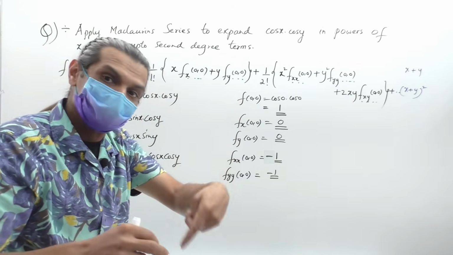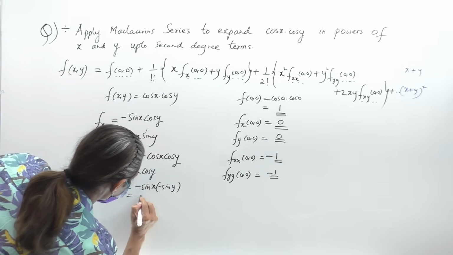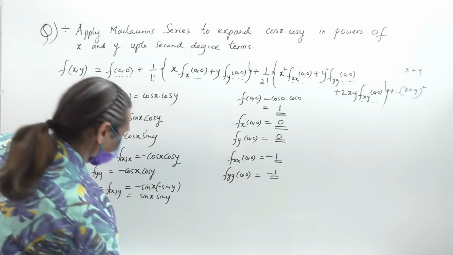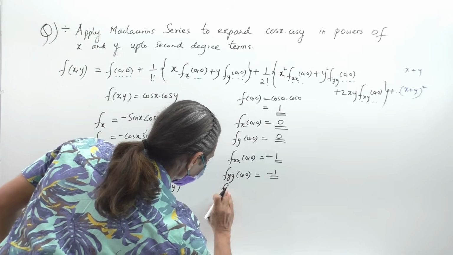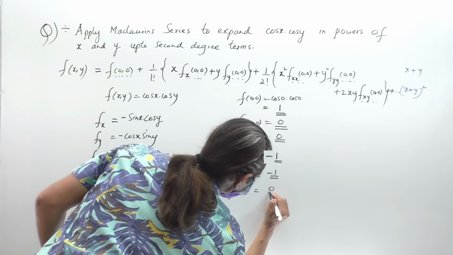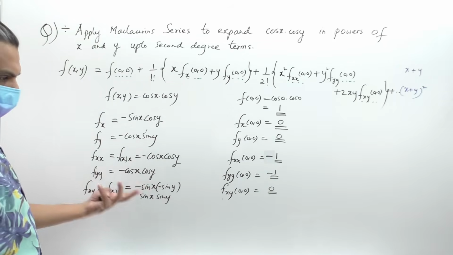Derivative of cos y is again minus sin y. So into minus sin y. So that will be sin x into sin y. Okay, that means fxy at 0 comma 0 will be, as you know, sin 0 is 0. Sin 0 is 0. That's all.